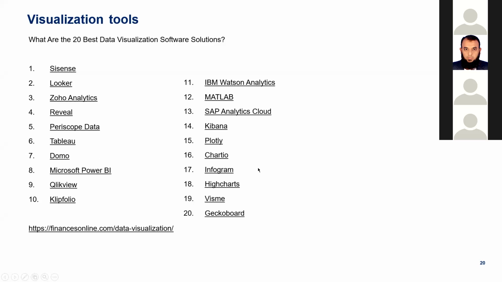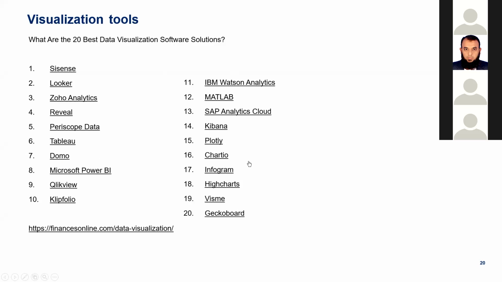These others are off-the-shelf products, but they also have packages. Plotly has a package that we can use in R. Then Highcharts is a JavaScript package. These are available for cool visualizations.